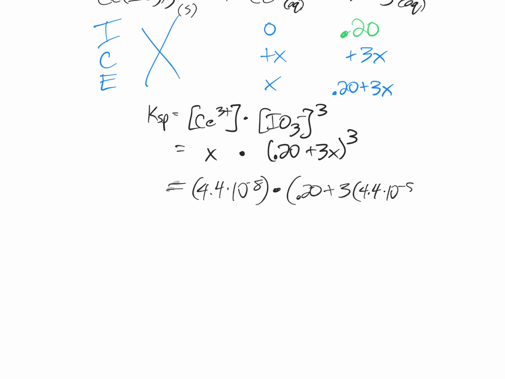And I'd pull out the calculator at this point. Crunch those numbers, and you arrive at 3.5 times 10 to the negative 10th for a value of KSP. And that's what they're asking for.